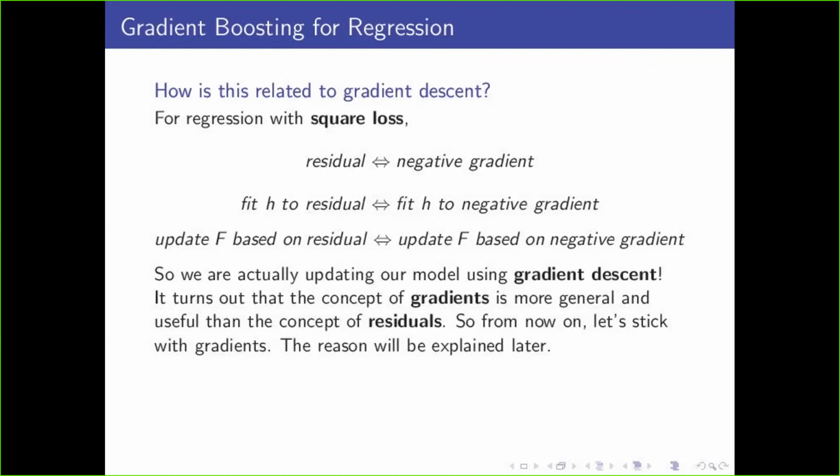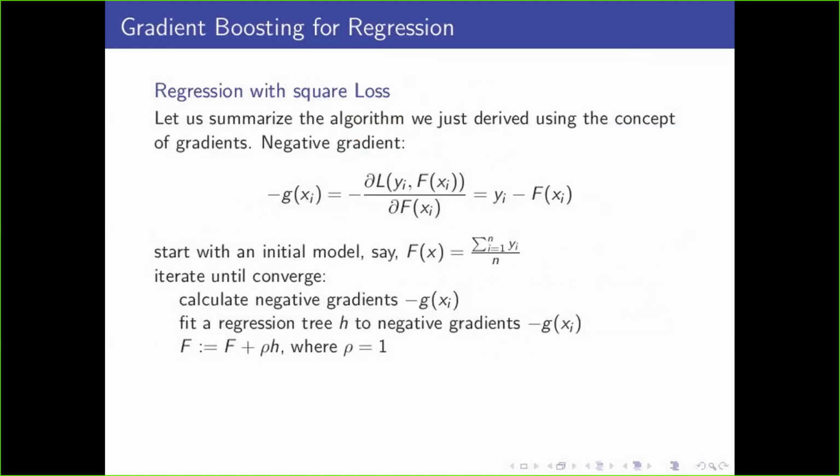Here we are saying that the residual is equivalent to the negative gradient only for the squared loss. This is not true for the other loss functions. But if you can formulate the algorithm with the concept of the gradient, this can be extended to any other loss function. That is the reason why we use this.